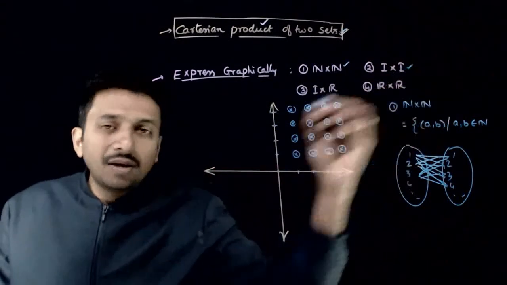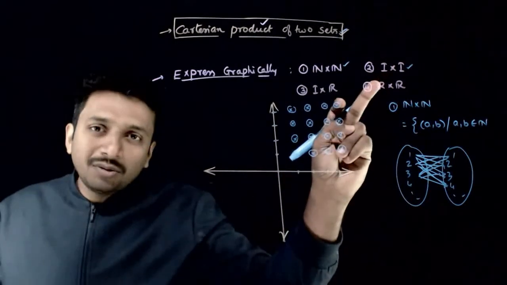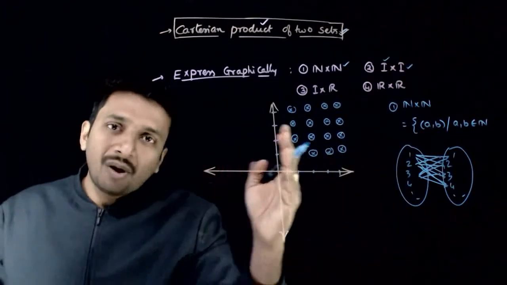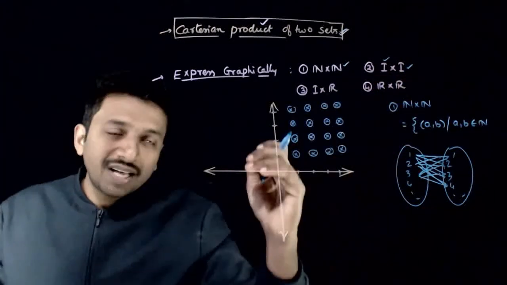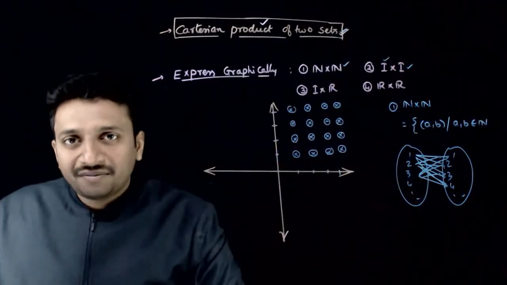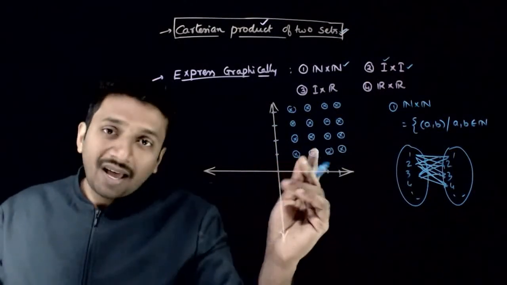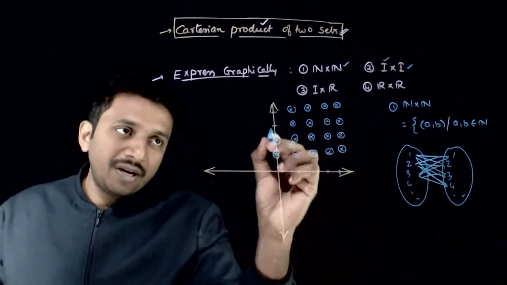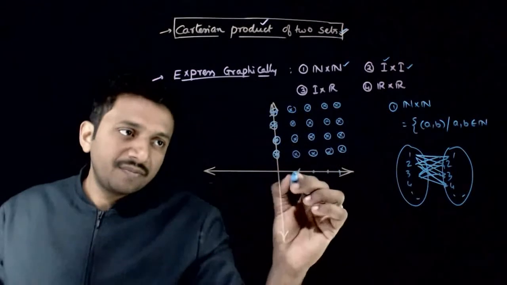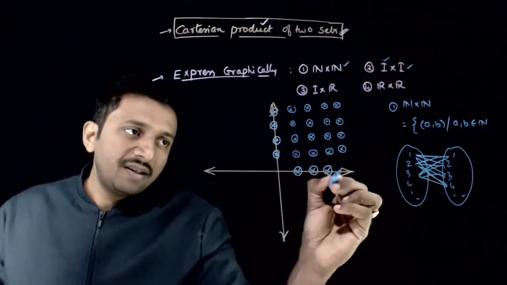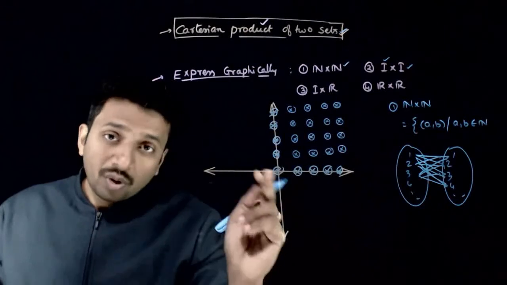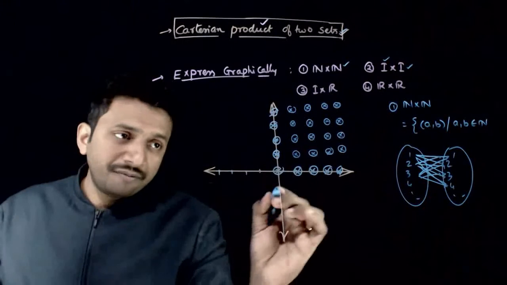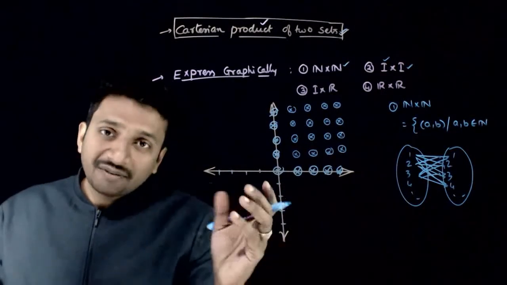Next, if you go for I cross I, it also represents the grid points, but this time integers can be negative, 0 or positive. Similarly, y coordinates can be positive, 0 or negative. So when you go for I cross I, apart from this, you also get the grid points on the axes, and along with them you also have the grid points of the negative quadrants.